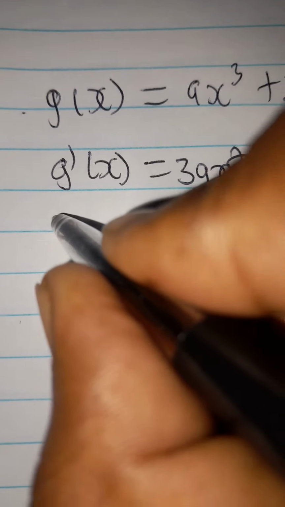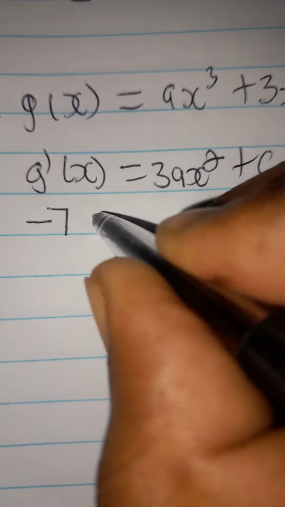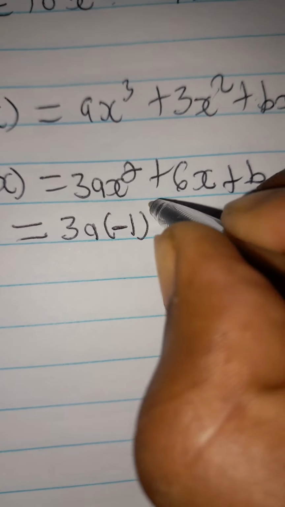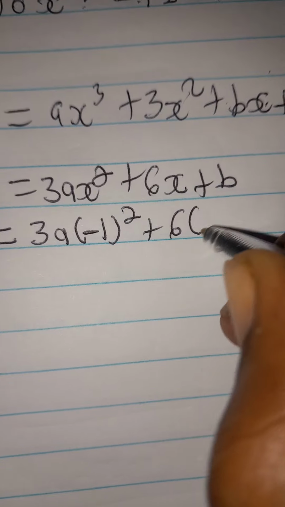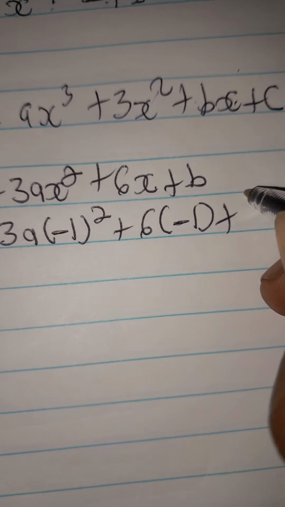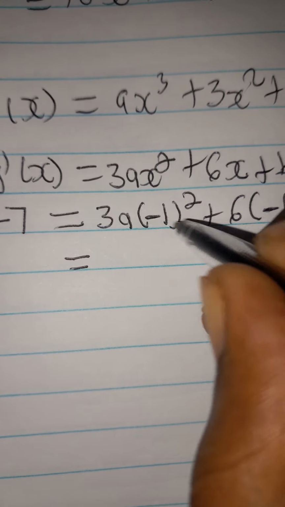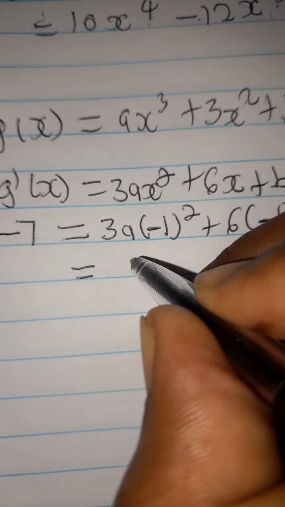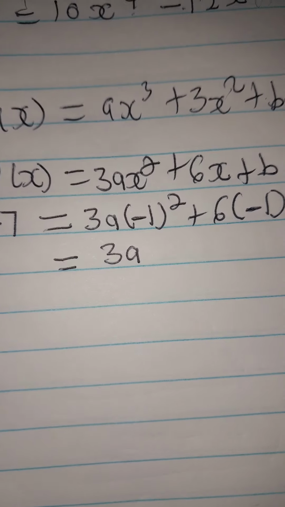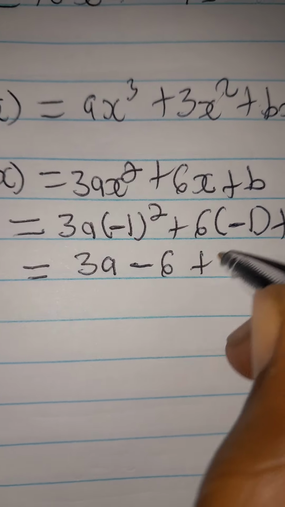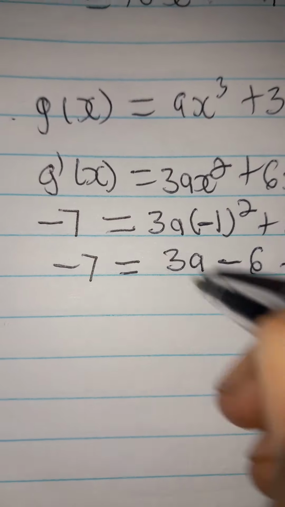So it passes through. Remember that it is at negative 1 and 7. So where there is g of x, we are going to put 7, and where there is x, we are going to put negative 1. So in this case, negative 1 squared will give 3a, and 6 times negative 1 will be minus 6, plus b, which is 7 there.